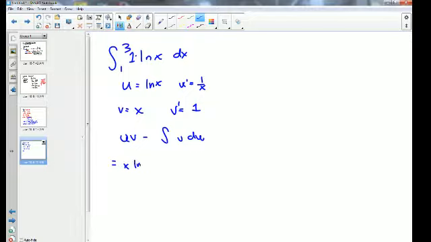x natural log x, that's uv minus the integral of x times 1 over x. All right, see how much easier that becomes? Oh, it's x times 1 over x. Oh, it is.